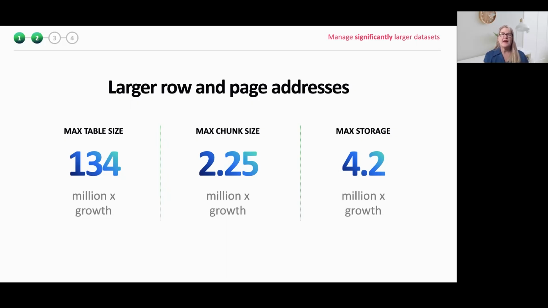So we now have larger row and page addresses that enable organizations to use extremely large data sets without putting in the time and effort to compress or partition the data. With the release of HCL Informix 15, our max table size has grown 134 million times. The max chunk size grew by 2.25 million times, and the max storage overall grew to 4.2 million times larger than we used to have in version 14.10.